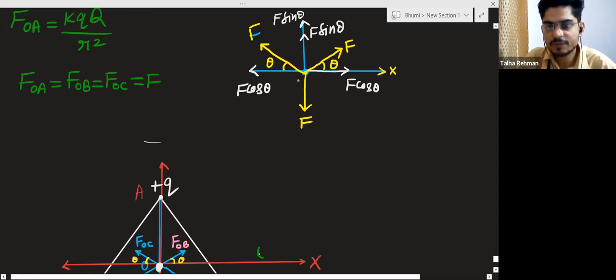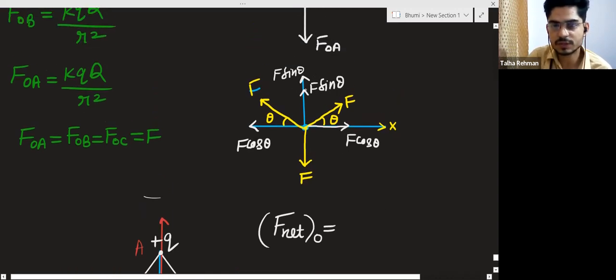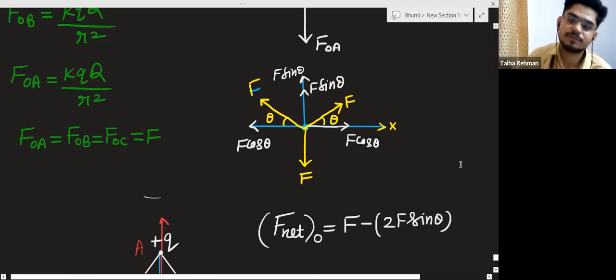Now if we want to find the resultant F net at point O, that will be this force F minus the force from here, means one force is in downward direction and two forces are there. So I can write this F minus F sine theta, and the two F sine theta can be added, this will become 2F sine theta.